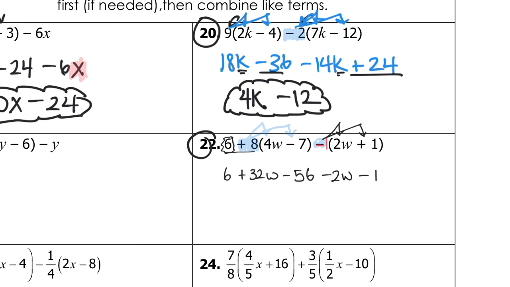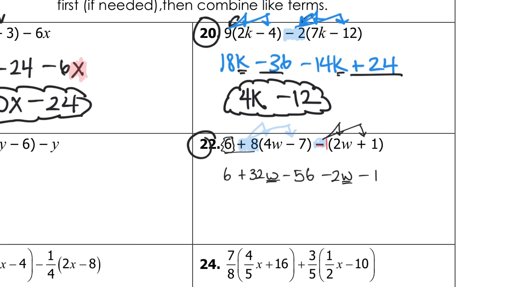So I get -1. Now, at this point, we look at utilizing the reflexive property, which states that a number is always itself or a variable is always itself. So in this case, I notice that I have a W, so all W's are the same thing. So this W and this W have to be the same because once you call it W, it's always W. So we can do the math with the number in front.